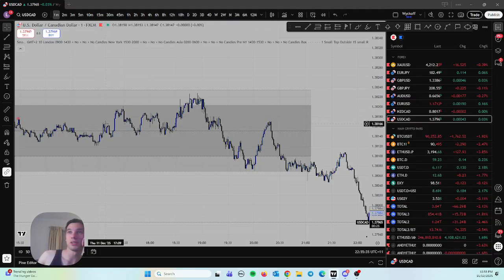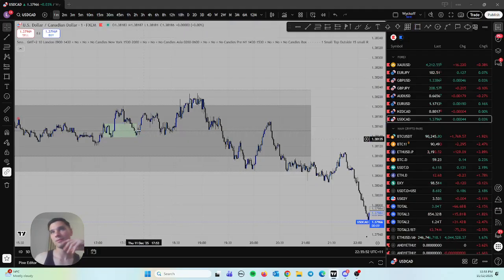There's obviously demand, structured demand. Like this whole thing is structured demand, but price has just gone straight through it. It's gone back up, it showed weakness because it didn't stop towards the top, it went straight through.